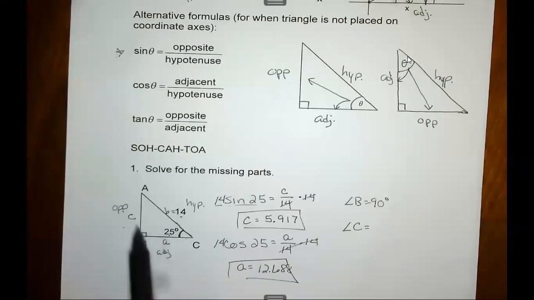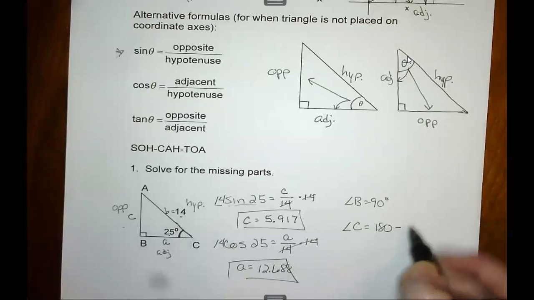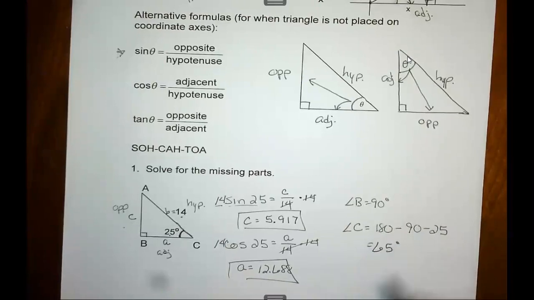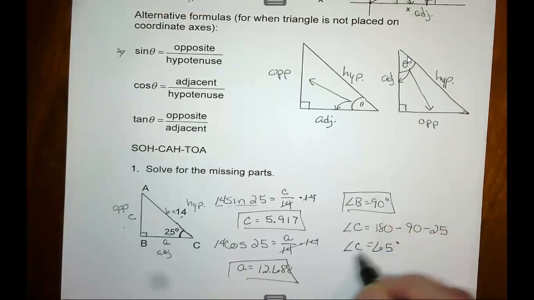We know that in a triangle, all of the angles add up to be 180 degrees. So if I take 180 degrees and subtract the other two angles, 90 and 25, 180 minus 90 minus 25 would give me 65 degrees. So angle B is 90, angle C is 65.